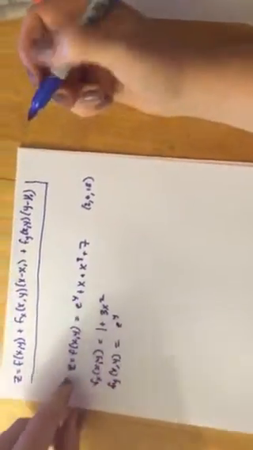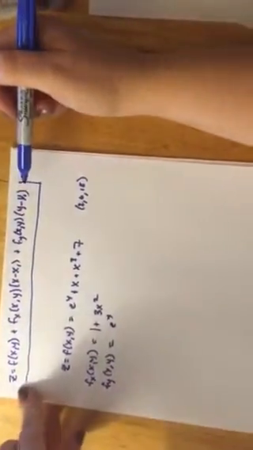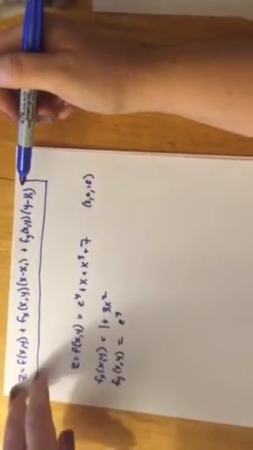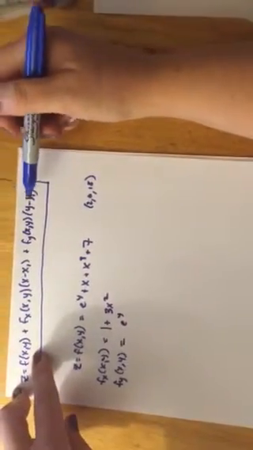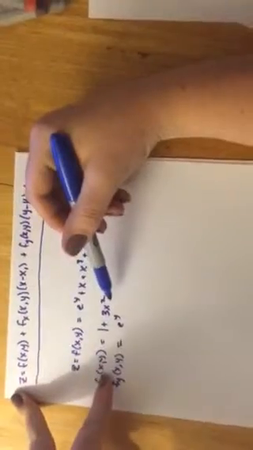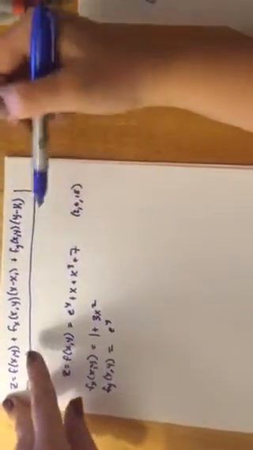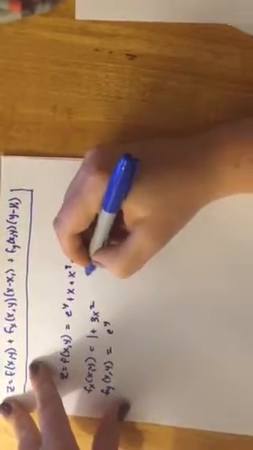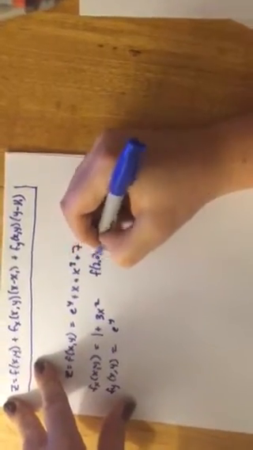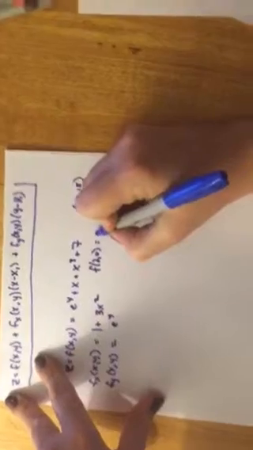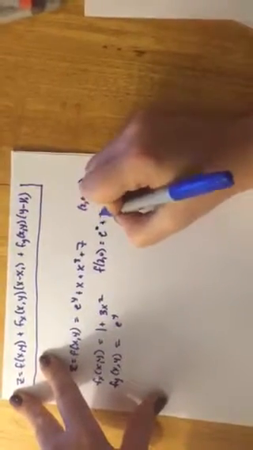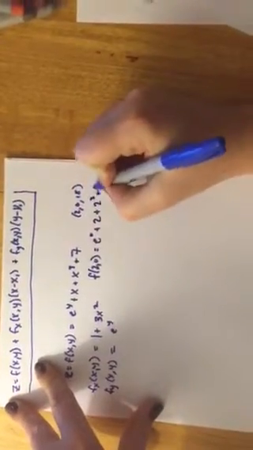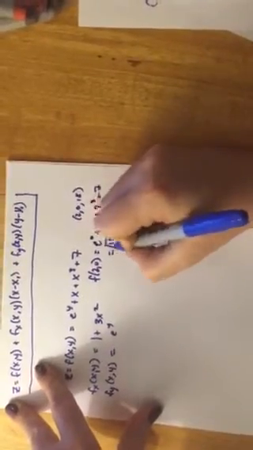So then the next step, looking back at our tangent plane equation, we're going to find the values of those derivatives at the given point. So first, f of (2, 0) is equal to e to the 0 plus 2 to the third plus 7, which is equal to 18.